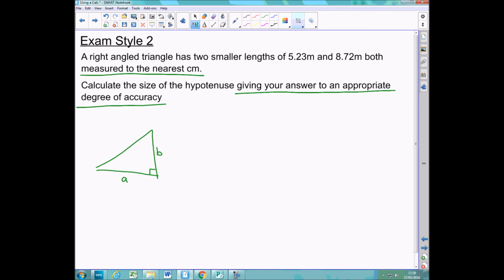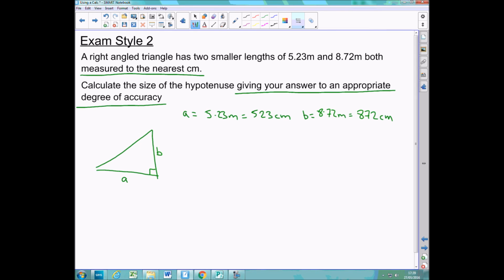Now we know that this is measured to the nearest centimeter, so I'm going to change these values to centimeters. So 5.23 meters is the same thing as 523 centimeters, and this is what we're going to call A. And B, which is 8.72 meters, is the same thing as 872 centimeters.